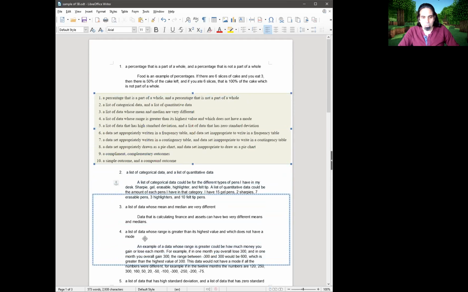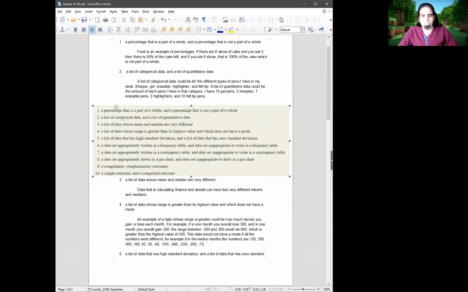Okay, number 2, a list of categorical data and a list of quantitative data. Different types of pens I have in my desk, that's categorical data. But how many I have of that is also called categorical data. If you count how many pens of each kind, you're still counting how many are in each category.